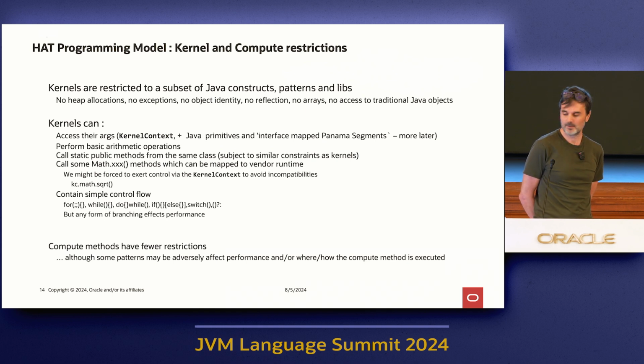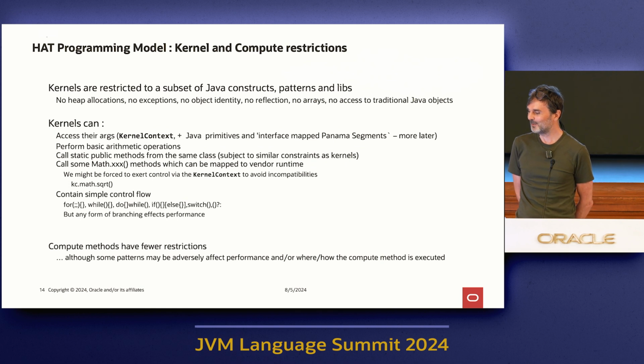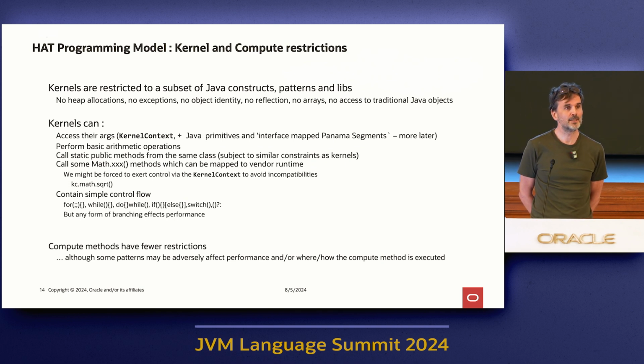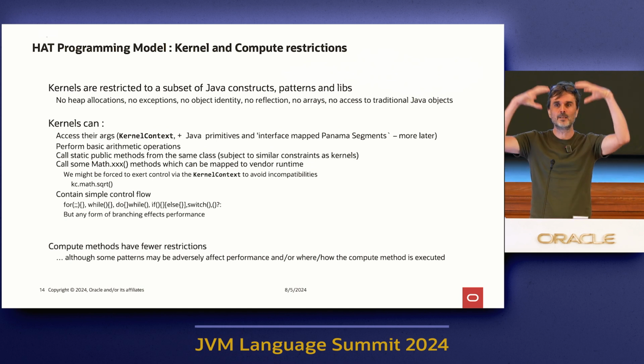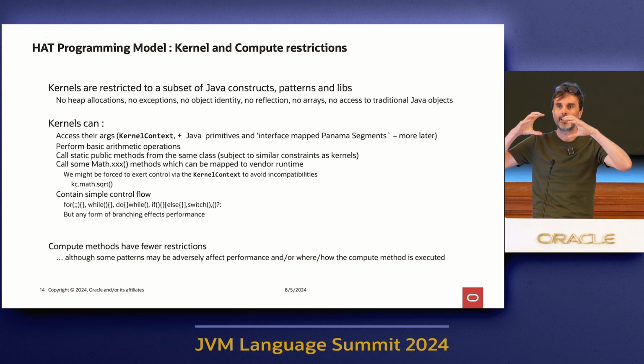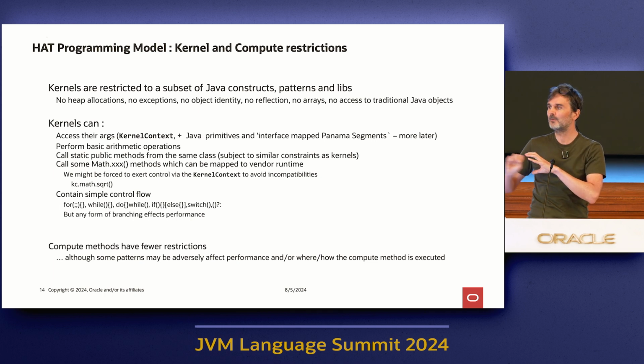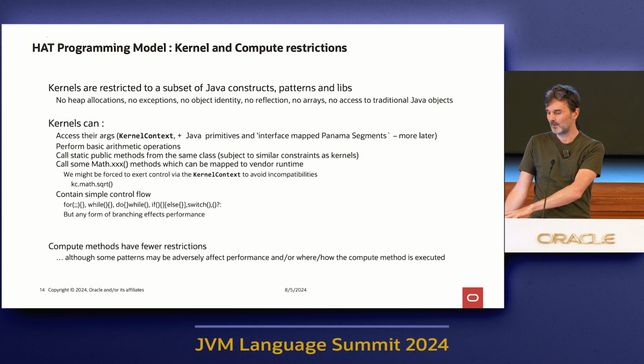There are no exceptions, no object identity. We can't do reflection, no code reflection on the GPU either. So no access to traditional objects. So we're trying to limit it down here. HAT is just a library on top of the JDK. It can't go into the internals. It doesn't know anything about how HotSpot lays out memory for objects and so forth.